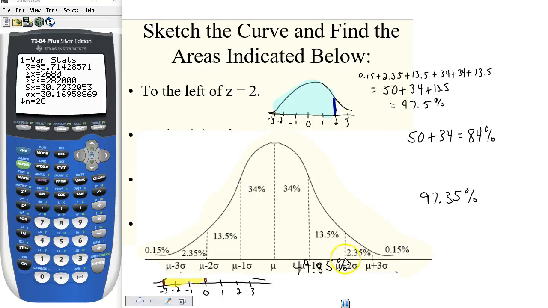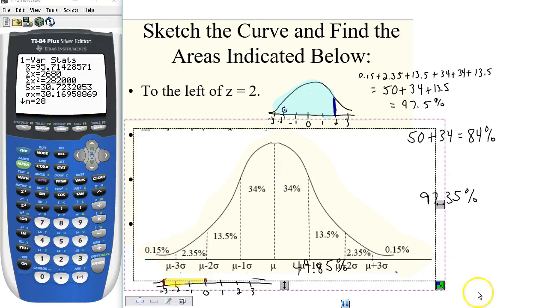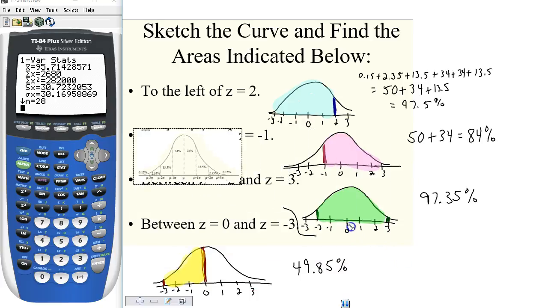Well, you can see that to the left of 2 standard deviations, the areas are 13.5%, 34%, 34%, 13.5%, 2.35%, 0.15%. One way to answer this question is to add all those percentages together until we get the sum.